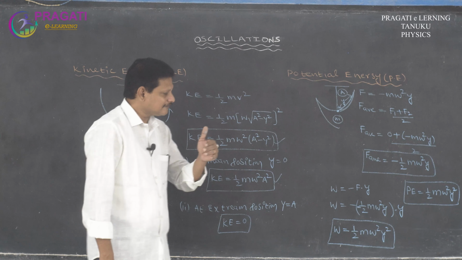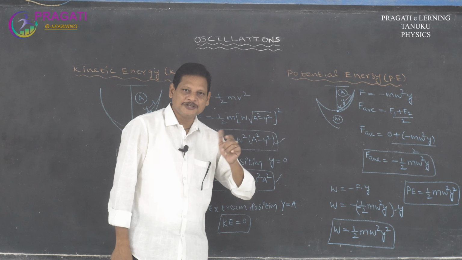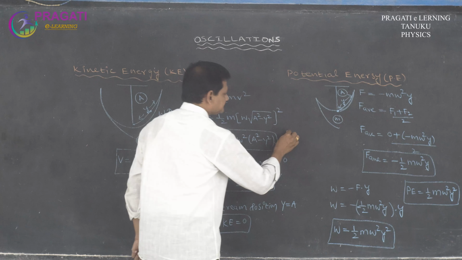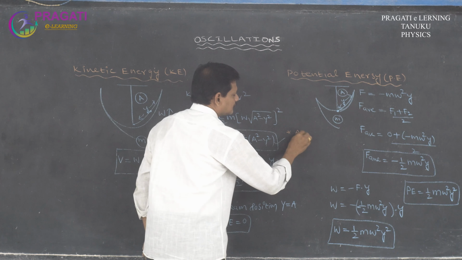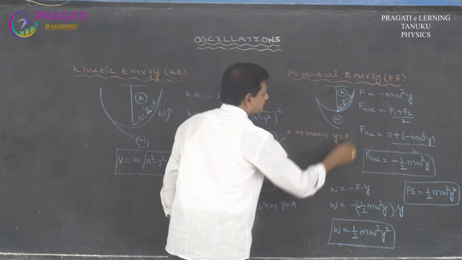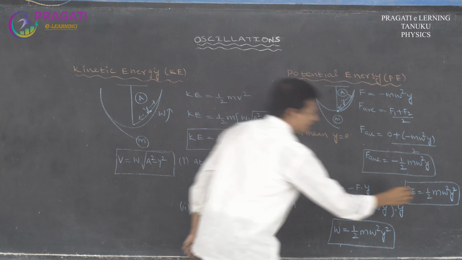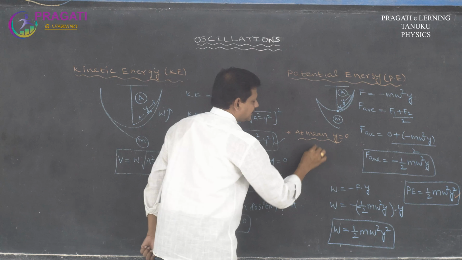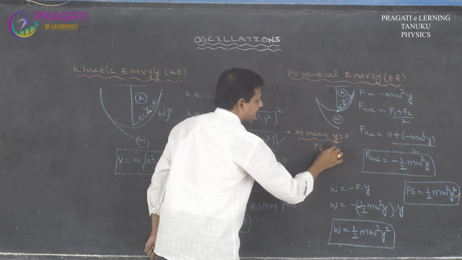Now what is the value of potential energy at mean position and extreme position? For example, at mean y is equal to 0. If y is equal to 0, potential energy PE is equal to 0.